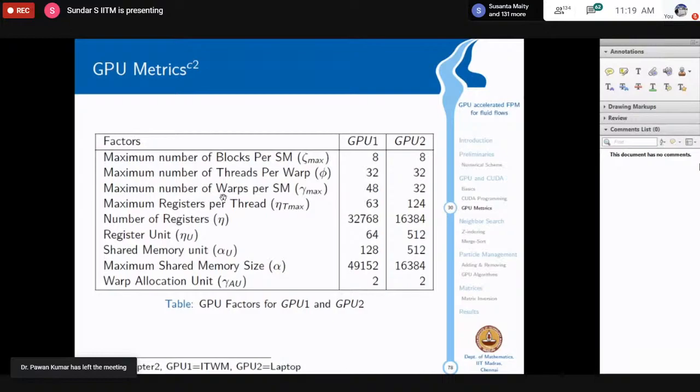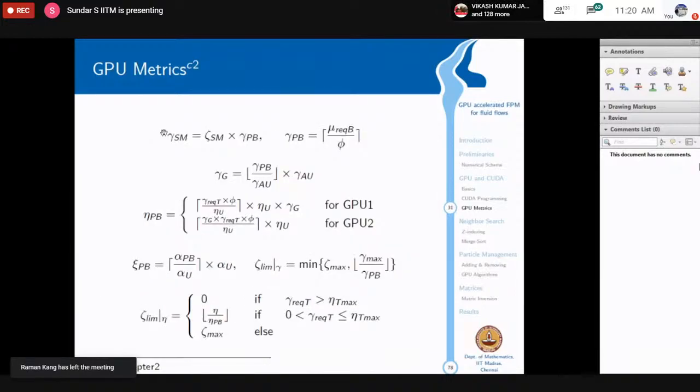Especially you should know the maximum number of blocks per SM, which I call eta max; the maximum number of threads per warp, which I call pi; the maximum number of warps per SM, gamma max; the maximum registers per thread, eta t max; the number of registers, eta; the register unit, eta u; the shared memory unit, alpha u; the maximum shared memory size, alpha; and the warp allocation unit, gamma e. This is important in order to understand the GPU metric which we have introduced.